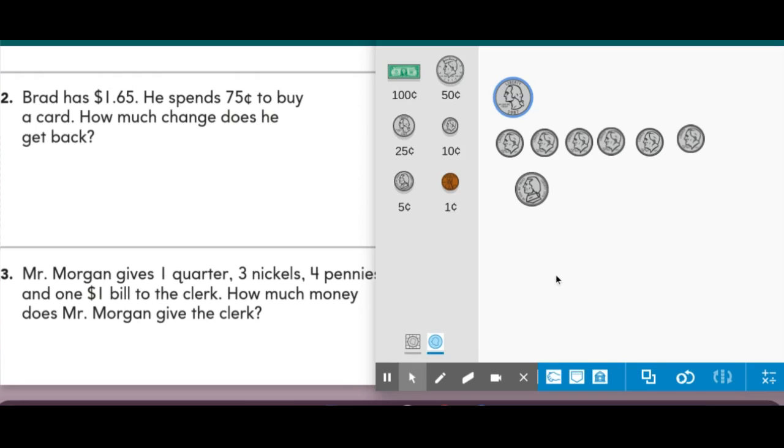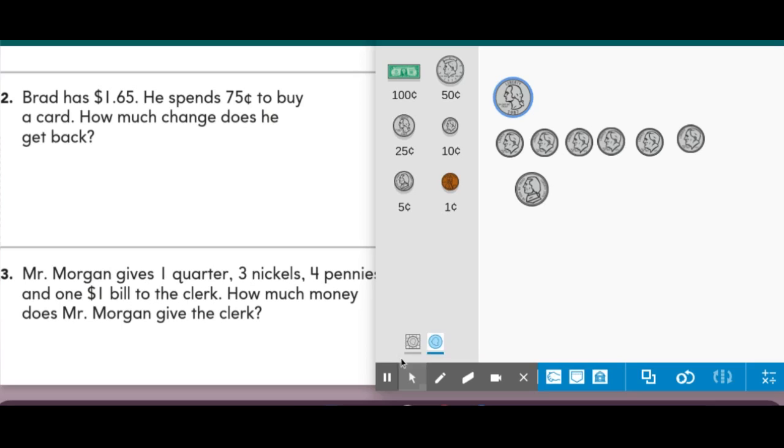My coins are still in order from greatest to least, so I can see how much change he has easily. Count with me. 25, 35, 45, 55, 65, 75, 85, 90. So I see the total value that Brad gets back in change is 90 cents.